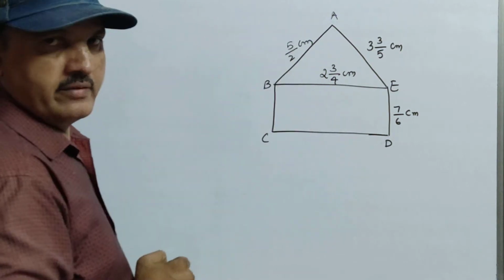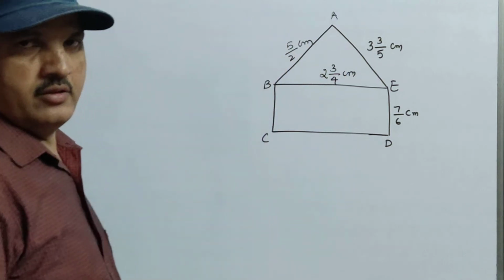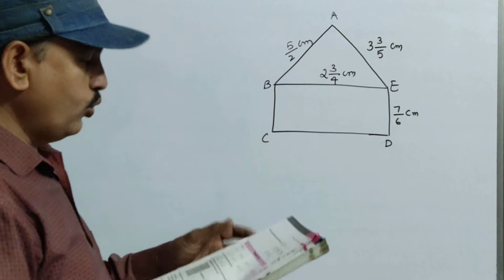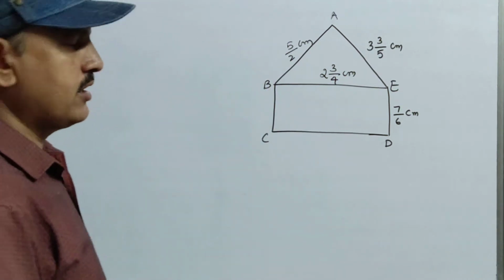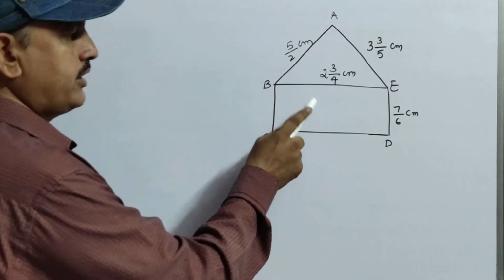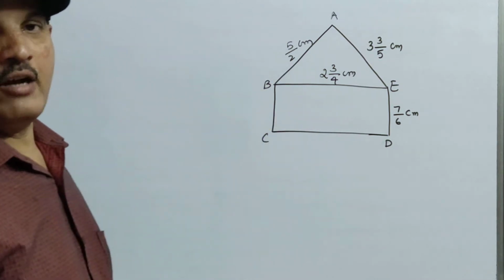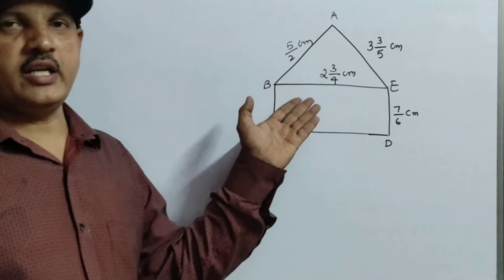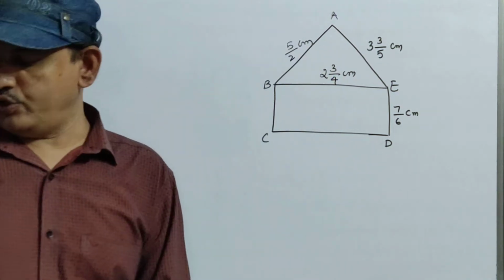ABE is a triangle and BCDE is a rectangle. The question is asking whose perimeter is greater. That means first we have to find the triangle perimeter, then the perimeter of the rectangle, then do a comparison, to check which perimeter is greater.